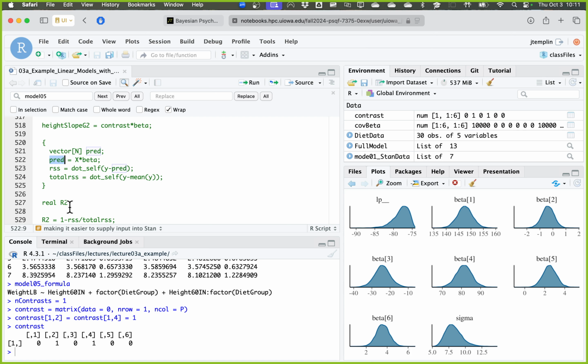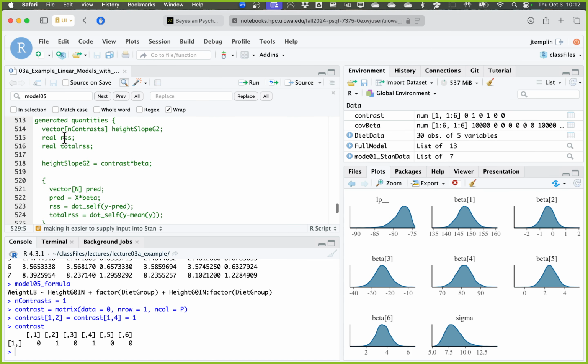They're huge, right? 10,000 values, no big deal. But every time we compute something, it's going to add to the number of values we end up having. So here, the braces indicate that we're not going to save the intermediate calculation steps. We're just going to save r squared. And finally, in generated quantities, the variables that you use in there, just like the variables you use elsewhere in Stan, have to be declared. So we have to tell it what type of variable they are and what their names are. So each of these are real numbers.